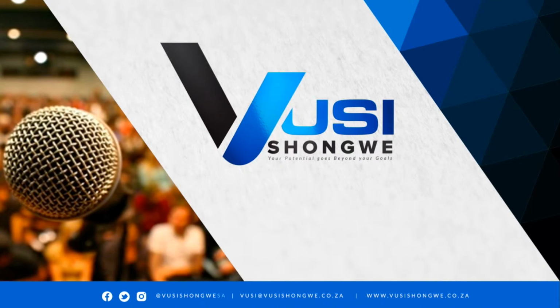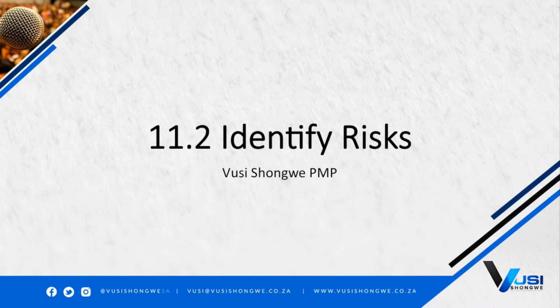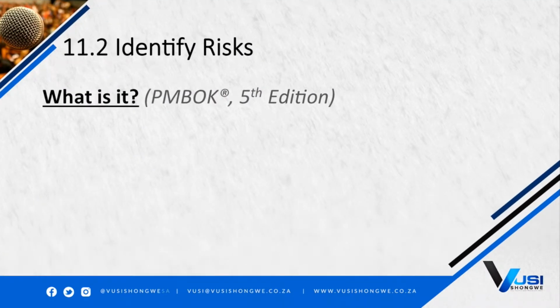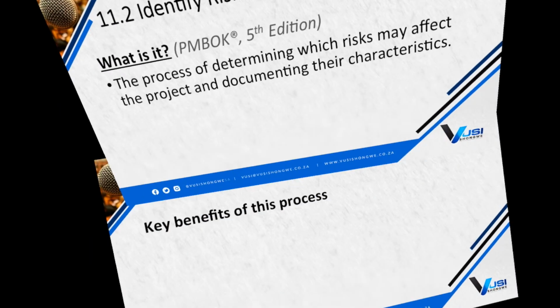In today's Nugget series, I want us to have a look at the Identify Risks process. Identify Risks is the process of determining which risks may affect the project and documenting their characteristics.